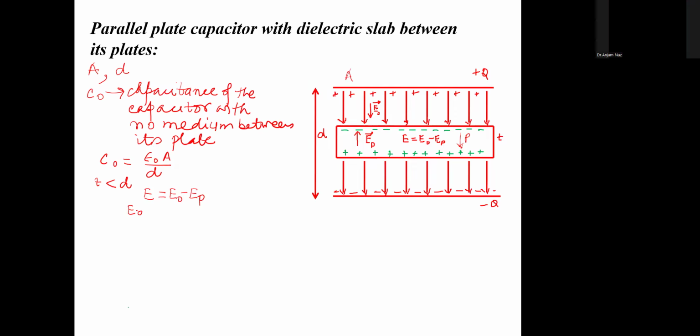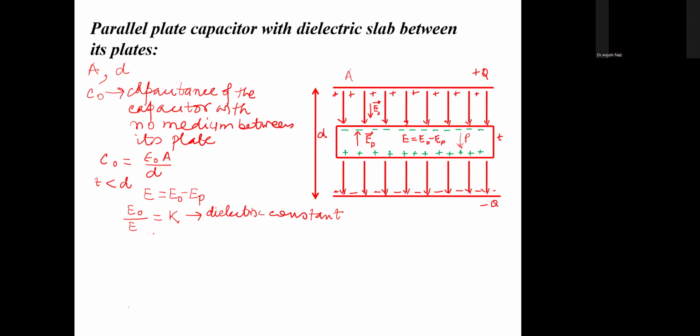field in which dielectric is placed and the net field inside the dielectric is called the dielectric constant. Here K is the dielectric constant of this dielectric medium.